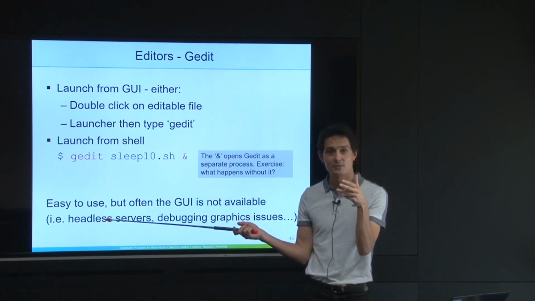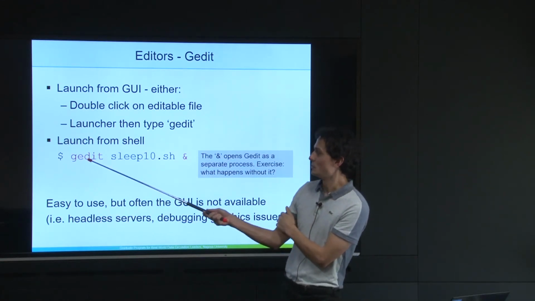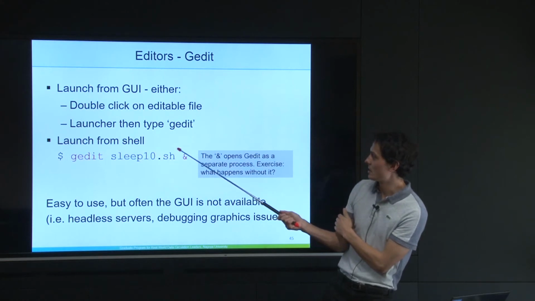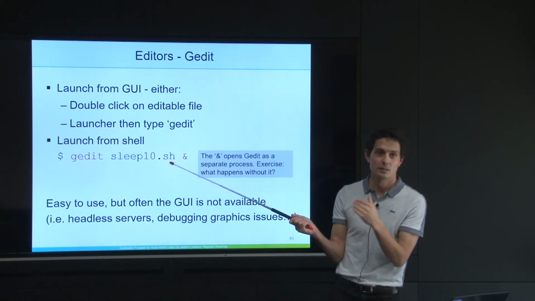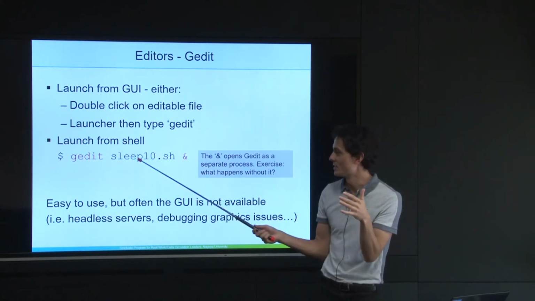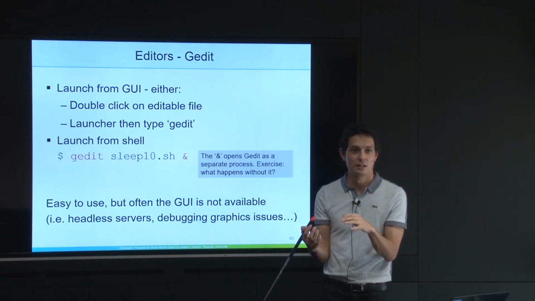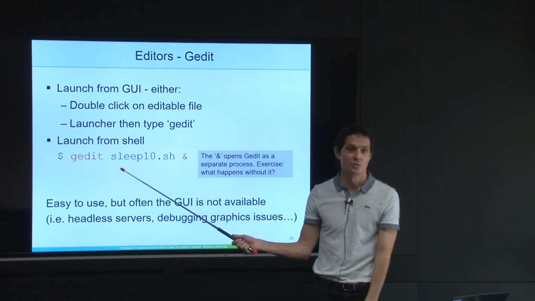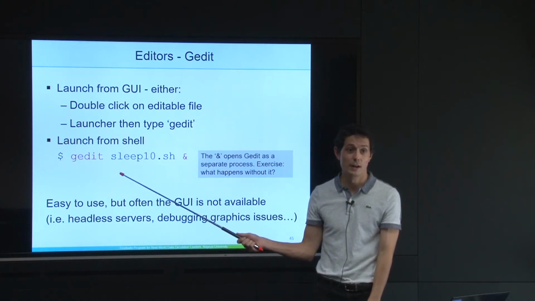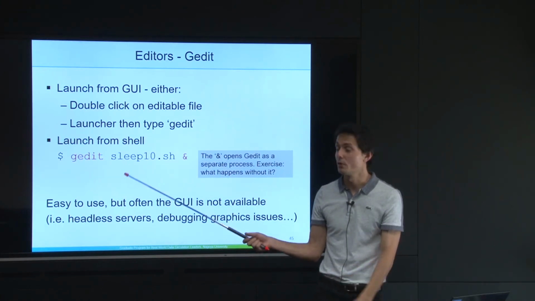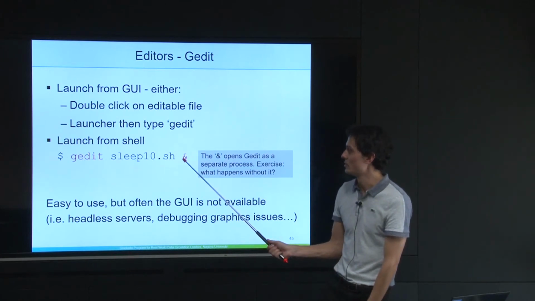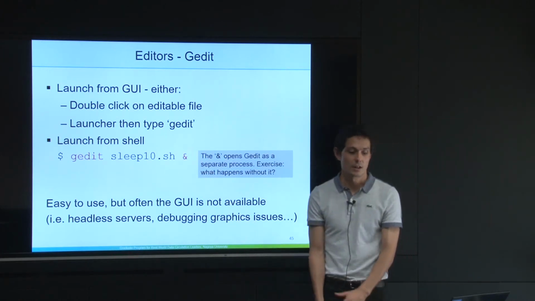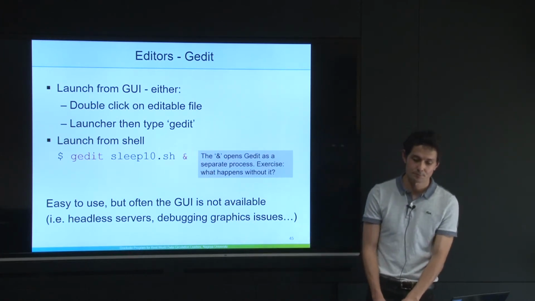If you just take out those last 3 lines using this, go gedit sleep10.sh and use this ampersand to make it open in the foreground. So it doesn't, that means you can still use the terminal. It opens a new process. If you miss this out, it locks up the terminal, so you can't use the terminal anymore until you close the file. So you can try both if you want to experiment, but generally you'll use this ampersand. Okay, give that a go.